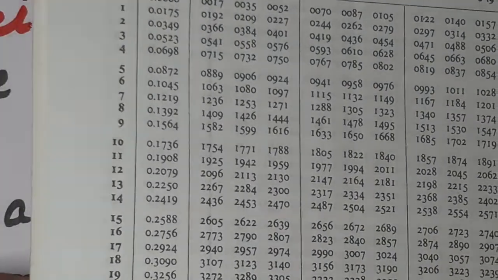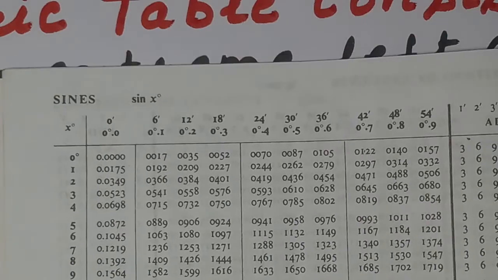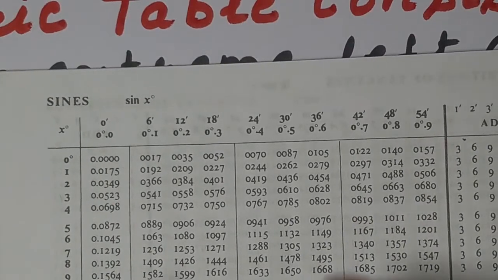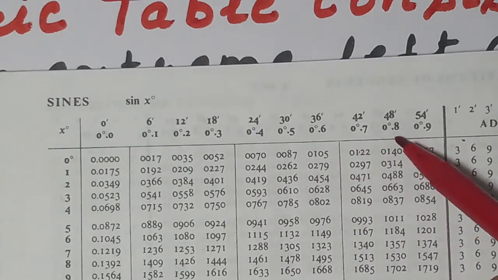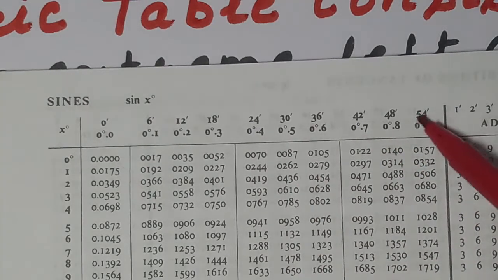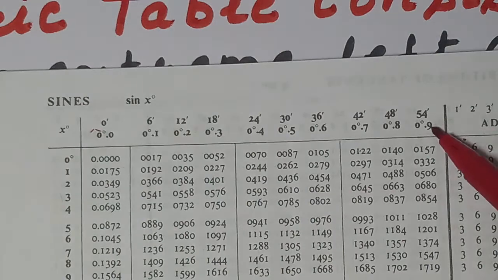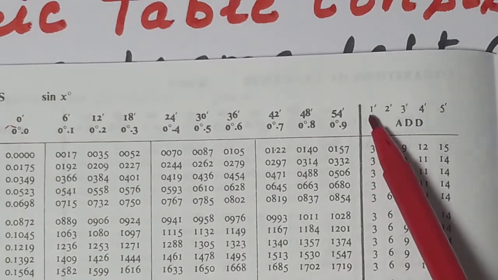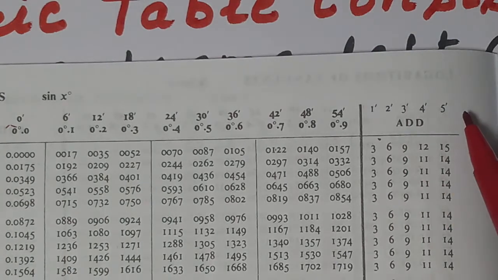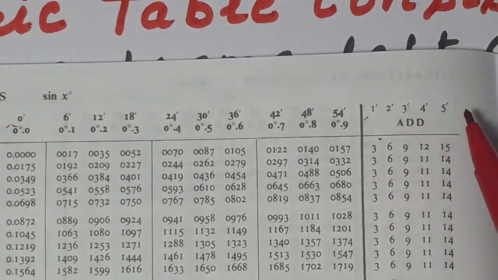And then you have these 10 columns: 1, 2, 3, 4, 5, 6, 7, 8, 9 and 10. These are all multiples of 6, right? And then you have 5 more columns here: 1, 2, 3, 4, 5. They are called the mean difference columns.